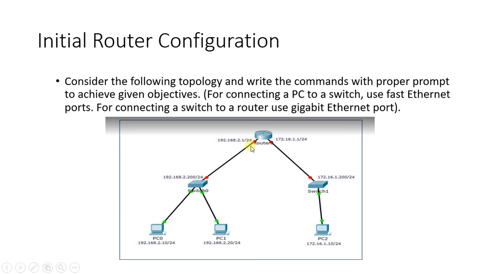So this is nothing but your default gateway IP address. Similarly, any packet which has to be passed from PC2 to PC0 or PC1, from this network to that network, has to go through this interface. This interface IP address is 172.16.1.1. So in PC2, you will give the default gateway as 172.16.1.1.